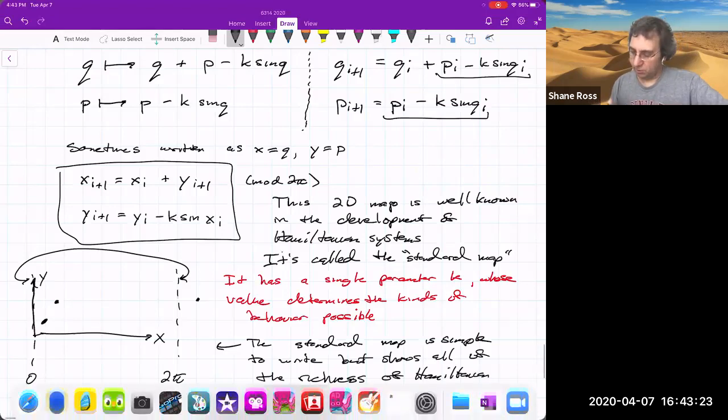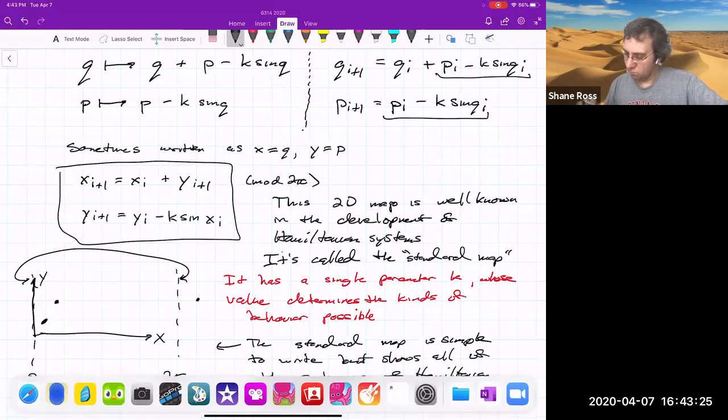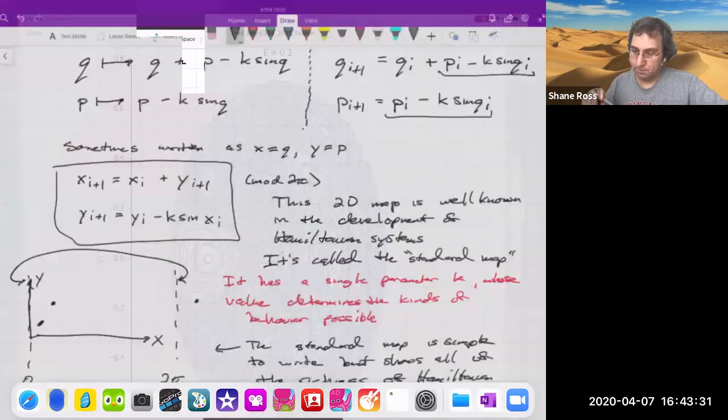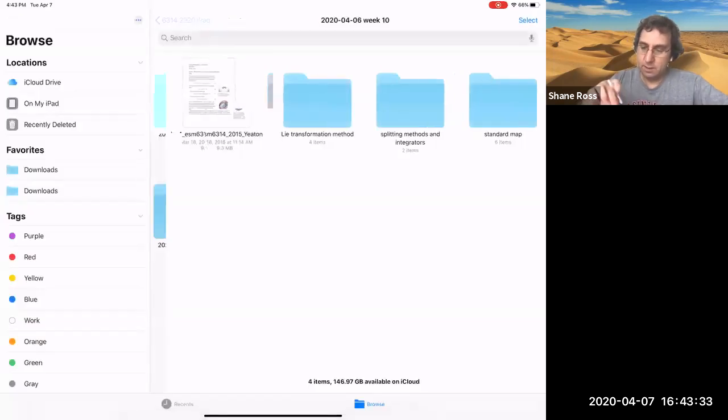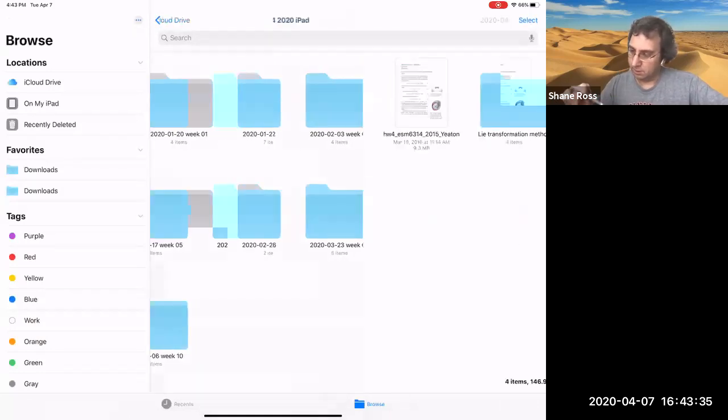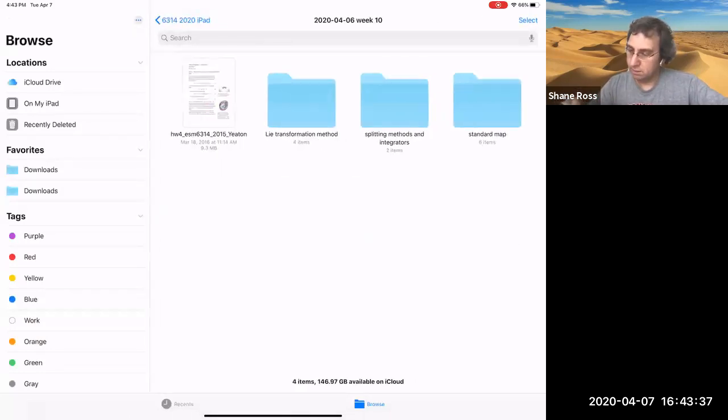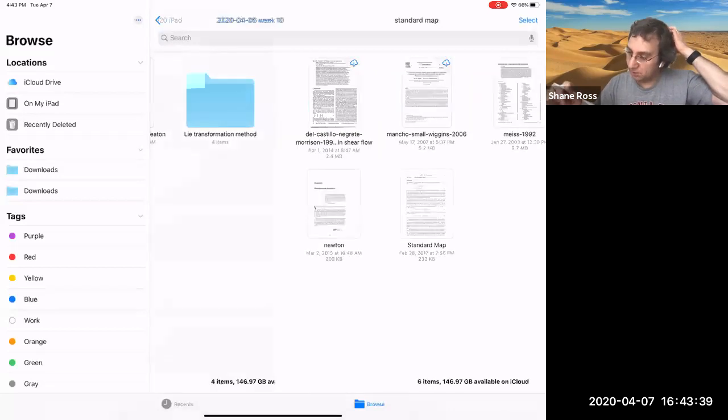And I think I can show that to you. It'd be super easy to code up, but people have been looking at it for a long time. It's in a folder that I will add. I've got something called the standard map here.